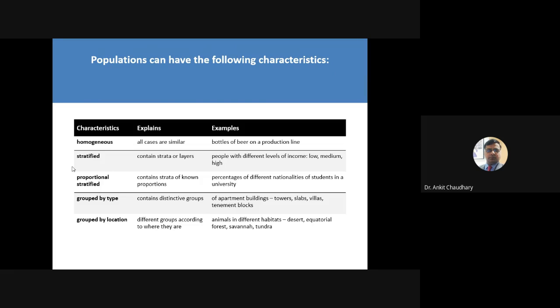When we have a whole population divided into 10 different layers or boxes, we have to choose the sample equally from each box, or in equal ratio from each.